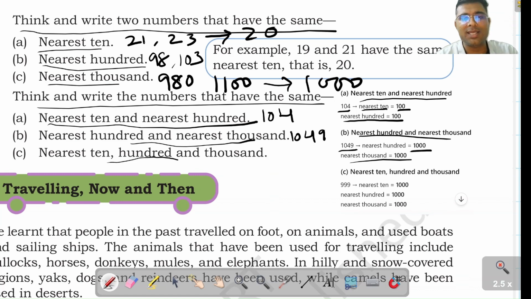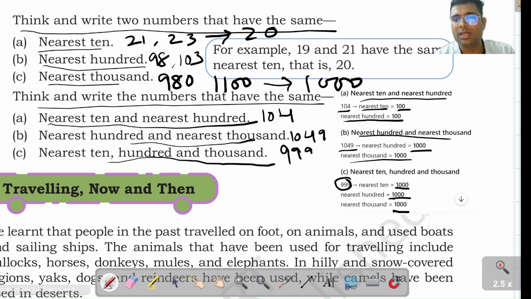For nearest tens, nearest 100 and nearest 1000 all being the same, I have chosen here 999 because its nearest 10 is 1000, nearest 100 is also 1000 and nearest 1000 is also 1000. So I'm writing here 999. You can choose any other number as well like 997. Its nearest 10, nearest 100, nearest 1000 all are same, that is 1000.